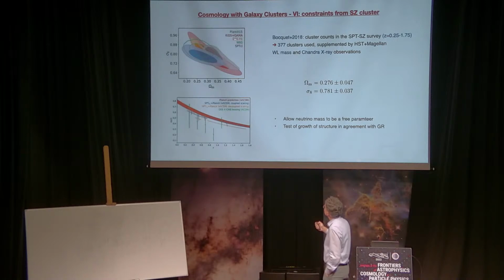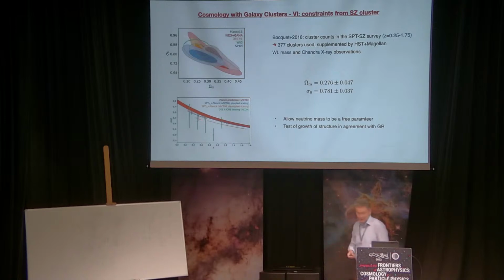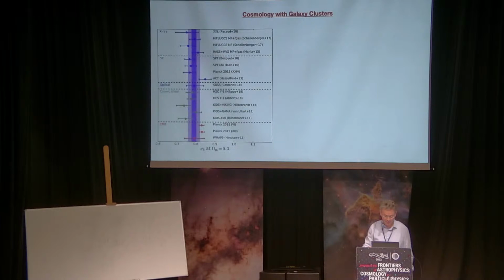This is SPT clusters, and this is DES year 1. You see here, in terms of growth, sigma 8 as a function of z, the data are slightly below. This one here is completely off, right? This one is the DES. DES has constraints from galaxy clusters that are a bit strange at the moment and are probably hampered by systematics.